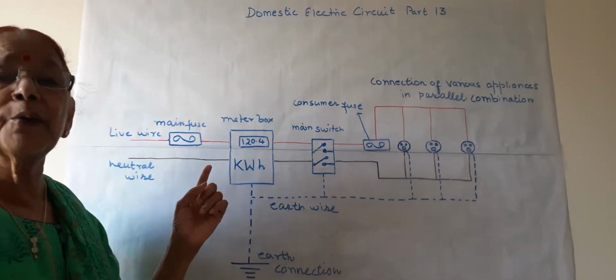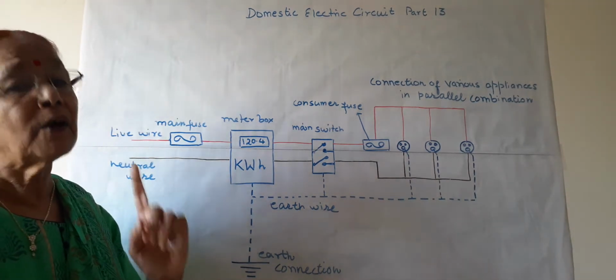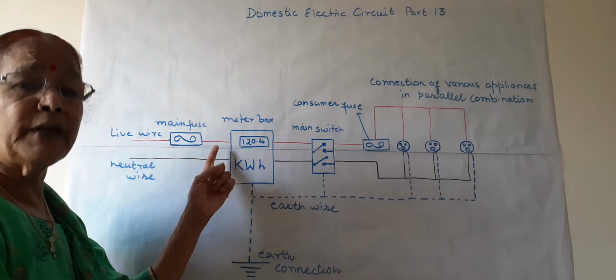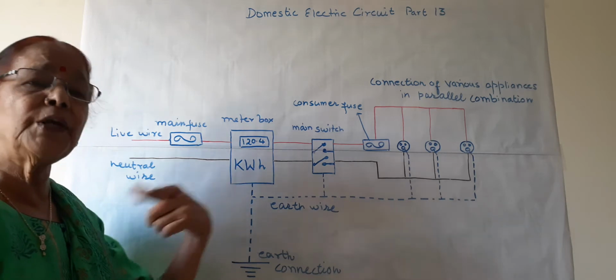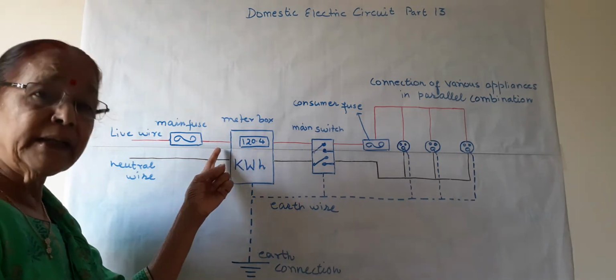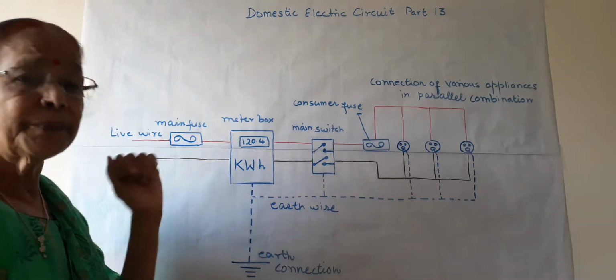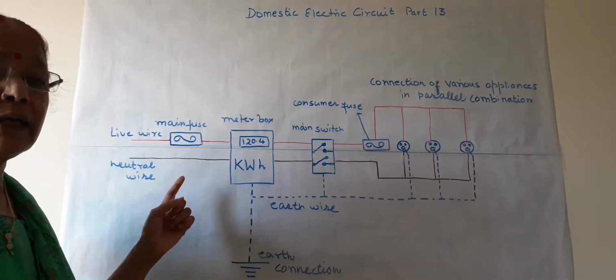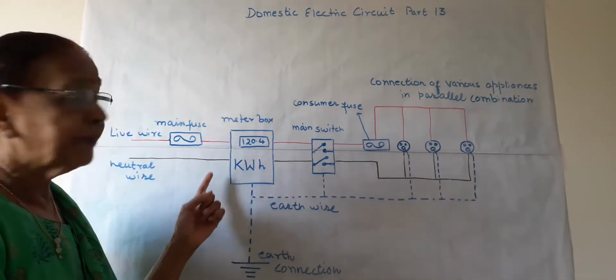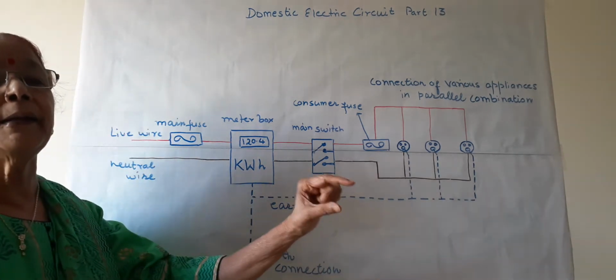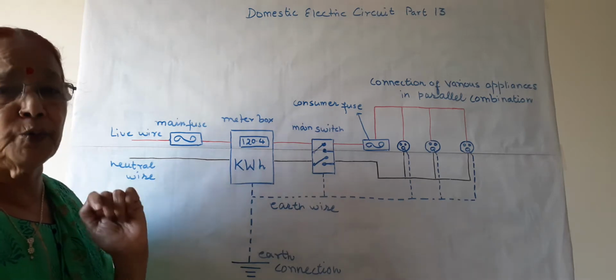They can be distinguished by the color of their insulation. The live wire is red; the rubber insulation on that wire is red. So this can be distinguished from the neutral wire, which is black. These two wires from the pole enter our house.